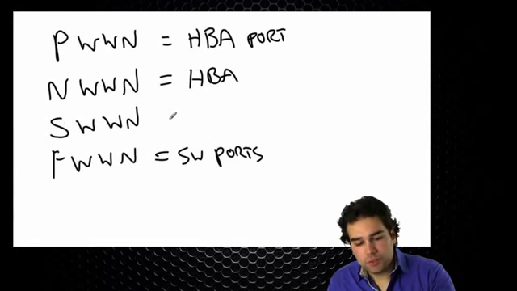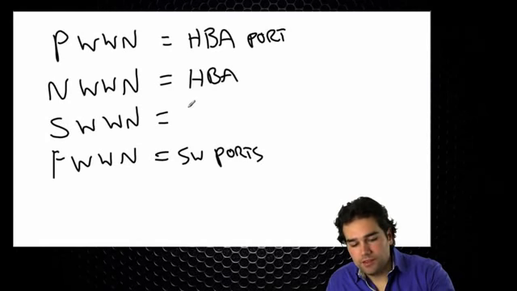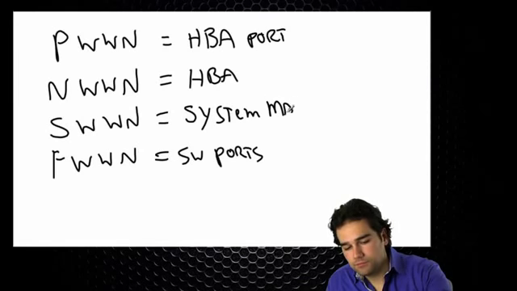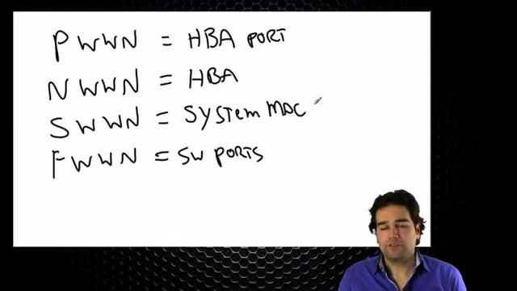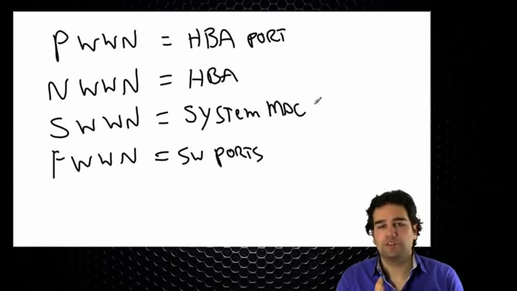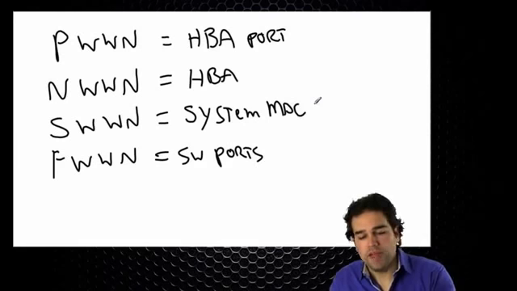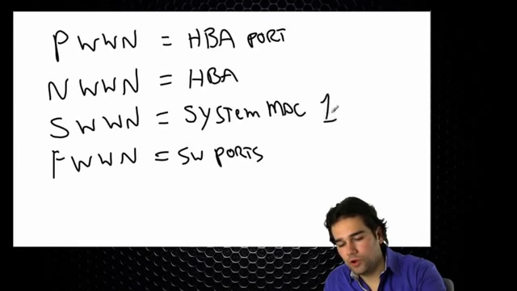Then last, the switch worldwide name is the same as the system MAC address. So that is comparable to the MAC address used in spanning tree root bridge elections. So those kinds of things, that's where the switch worldwide name is used. One MAC, one worldwide name for a whole switch.